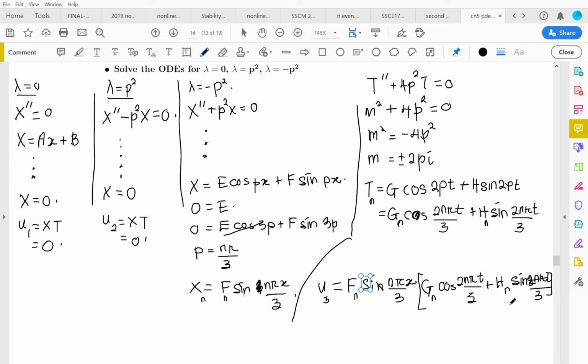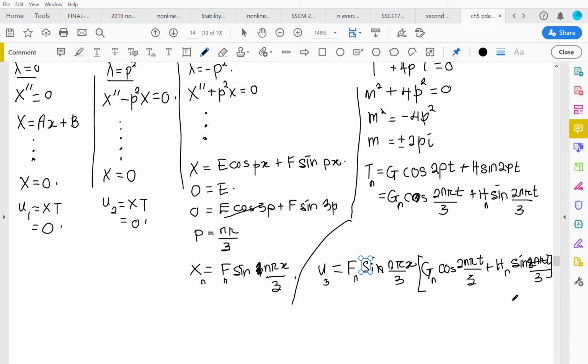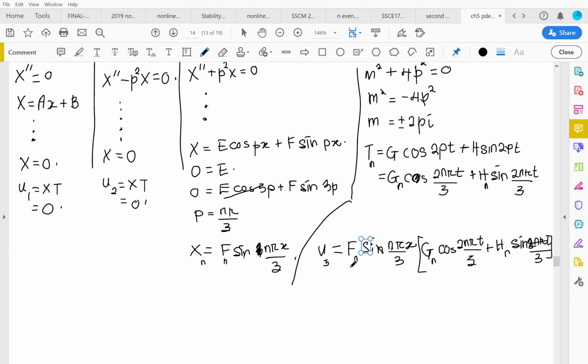Here we can combine: fn multiplied with gn, so we can bring fn inside this bracket, and fn multiplied with hn. We have 3 unknowns here, so when we combine, there will be only 2 unknowns.